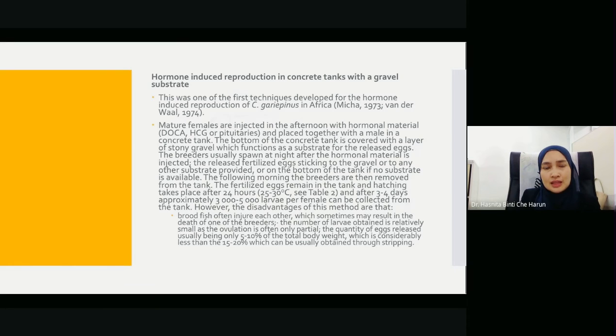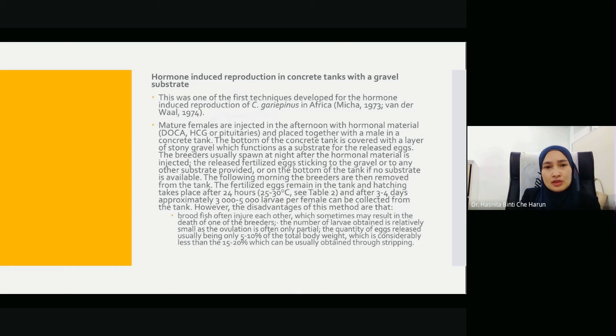Similarly, mature females are injected in the afternoon with hormonal materials, either DOCA, HCG, or pituitaries, as I explained before, and then placed together with a male in a concrete tank. For this system, they add a layer of stony gravel that functions as a substrate for the released eggs.